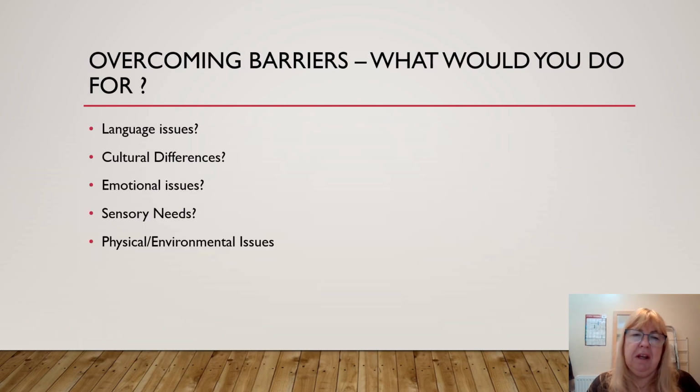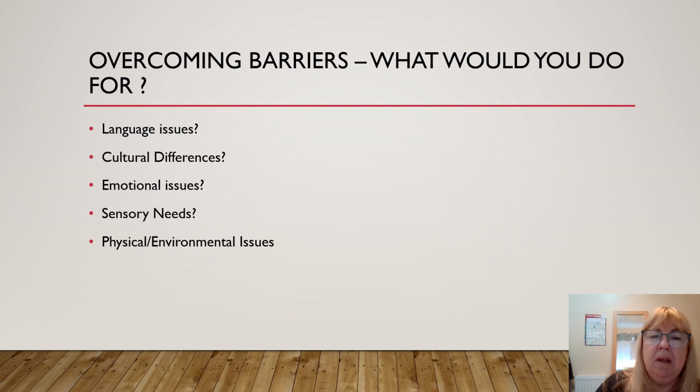So let's think. Here's some big issues: language issues, cultural differences, emotional issues, sensory needs, physical, environmental. Take a moment to jot down some ideas. Just take some space to think about what can I do for these different things. Okay, just jot some ideas.